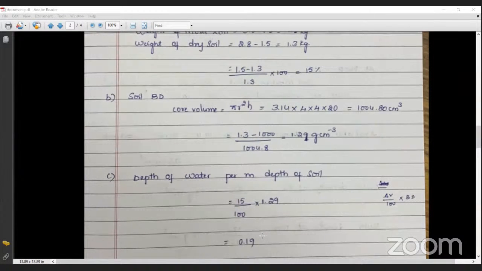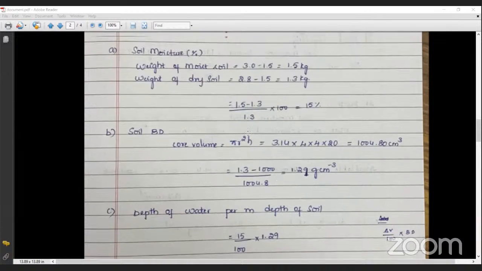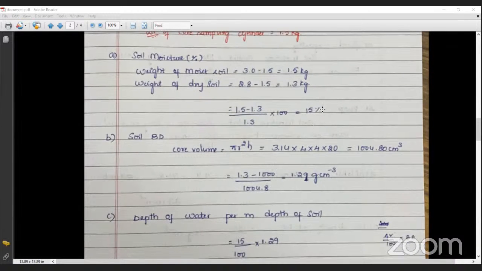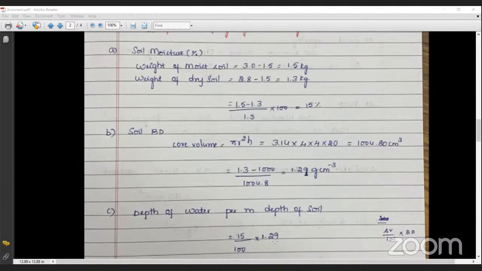Then what is the depth of water per meter depth of soil? Here we are considering 15. What is this 15? This is the soil moisture percentage. In order to calculate the depth of water, first we take 15 percentage, and as it is in percentage, we consider 15 divided by 100 into 1.29.